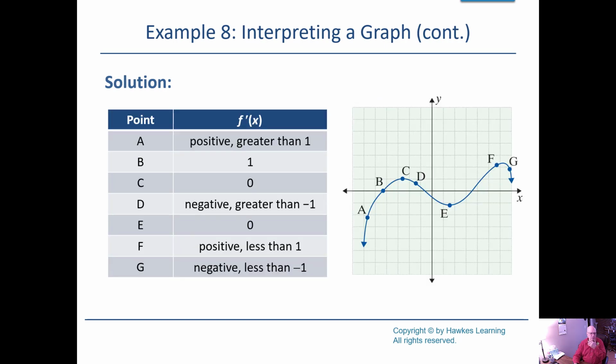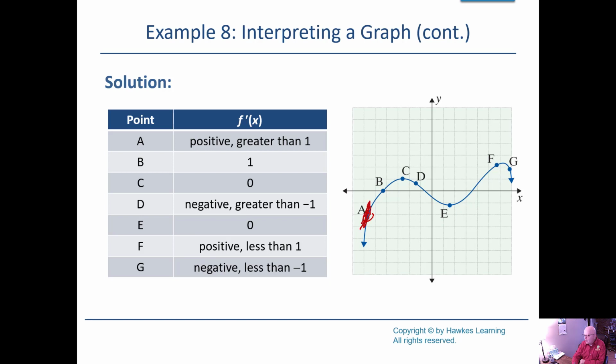So, here's a picture. Notice what's going on at each of these points. Notice point A, down here. Always think of going left to right. At A, we're going upward, a bit on the steep side. Notice it's more than 45 degrees if you draw a tangent here.